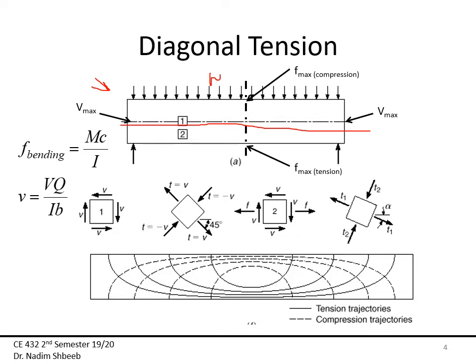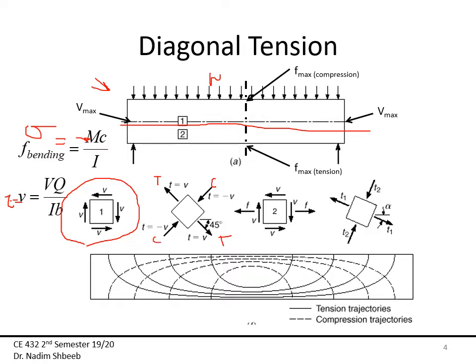So again, my bending stress, sigma, is still equal to MC over I. My shear stress is equal to VQ over IB, which means now element 1 is under pure shear, which means now that my principal stresses will be at 45 degrees, and that will transform into 2 forces. This is tension force, and here I have compressive force.